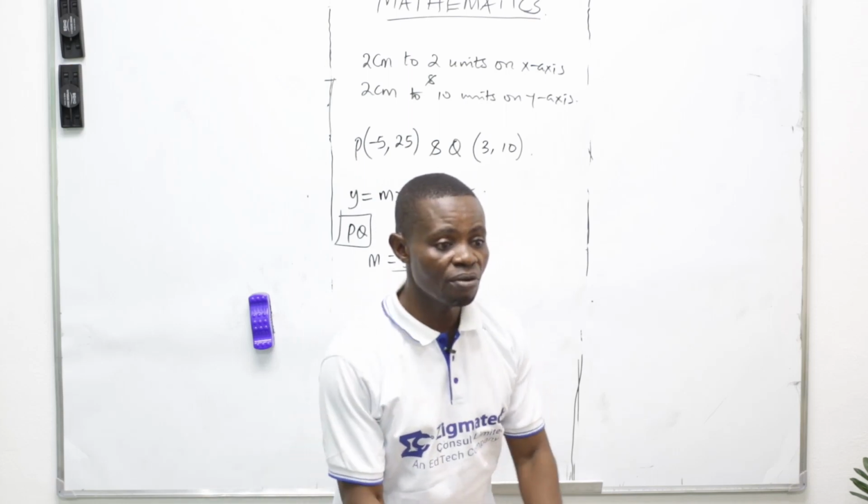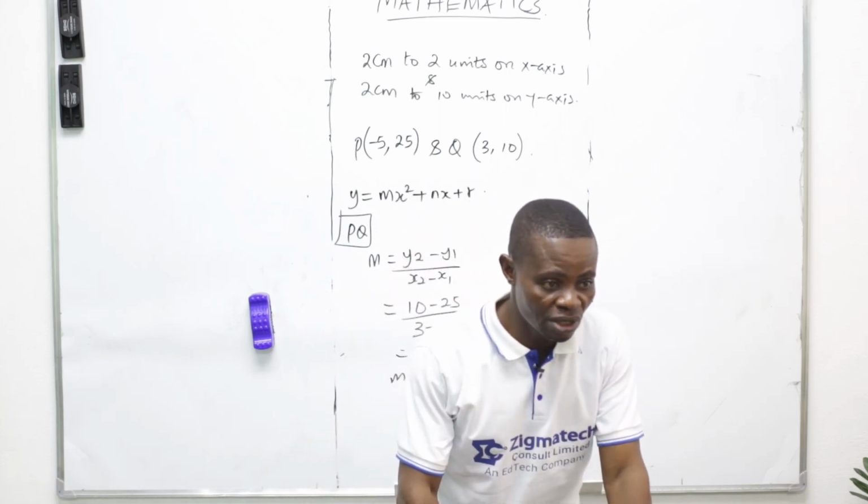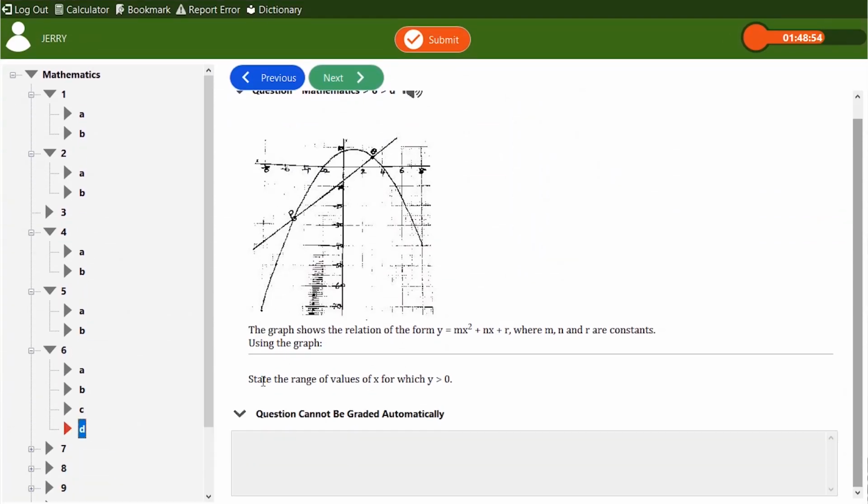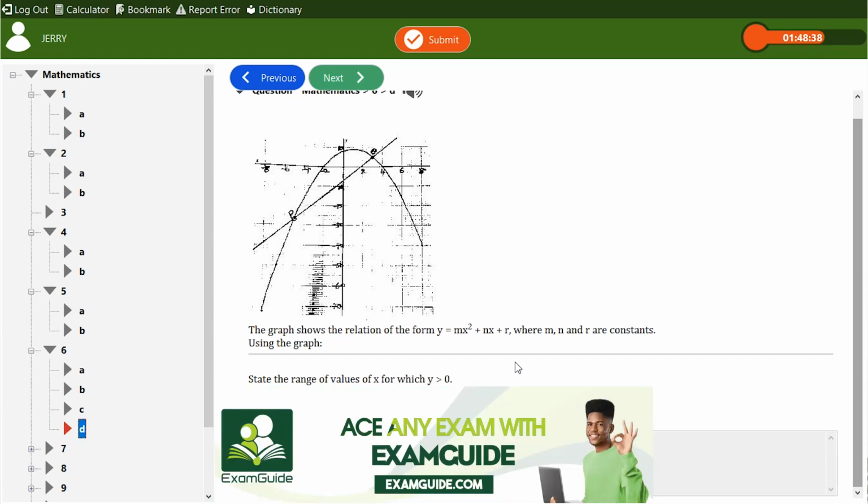Now, we'll have the next question D. Under question 6, state the range of values of x for which y is greater than 0. Okay? Fine question. This range of values of a thing always creates a problem when we are handling graphical problems.